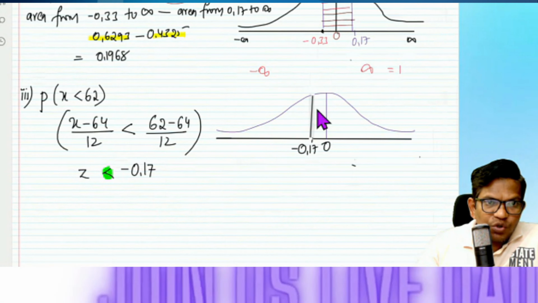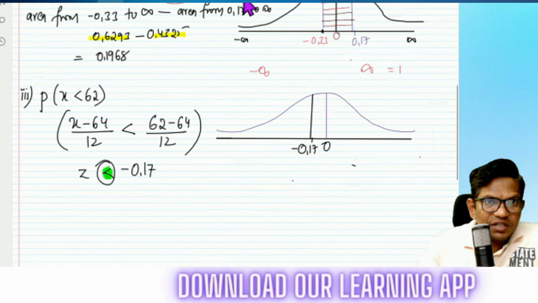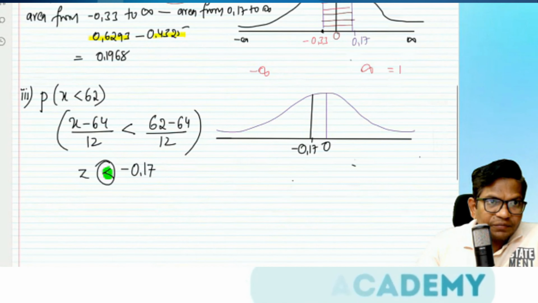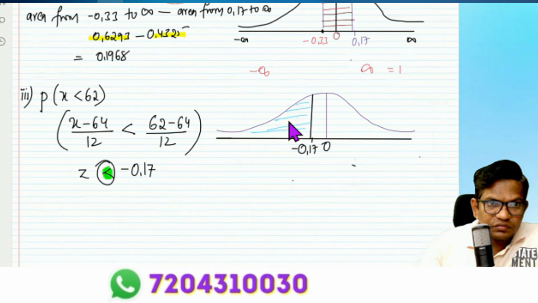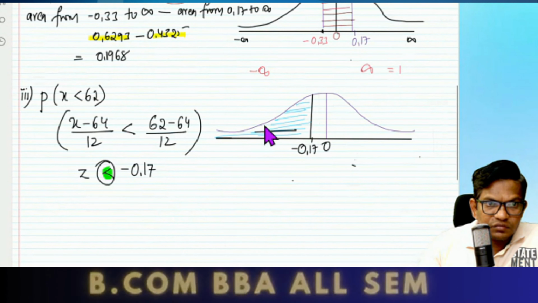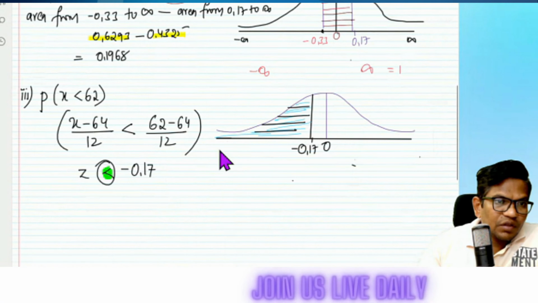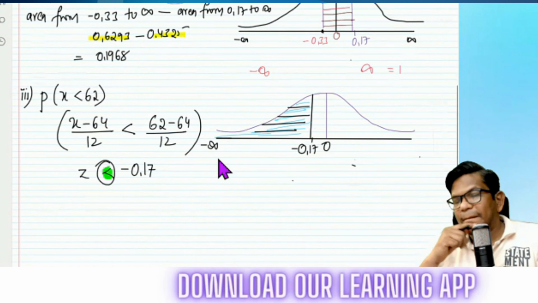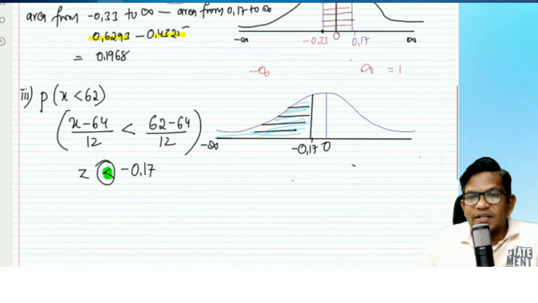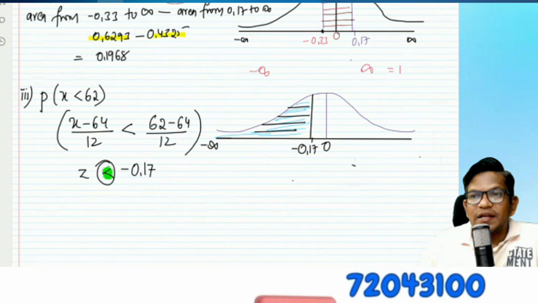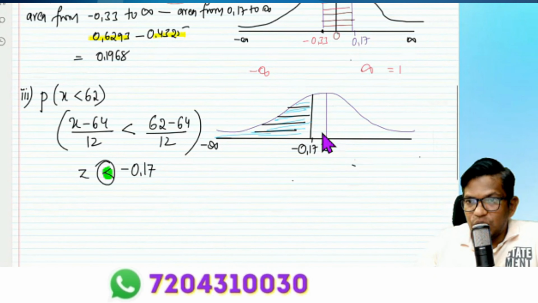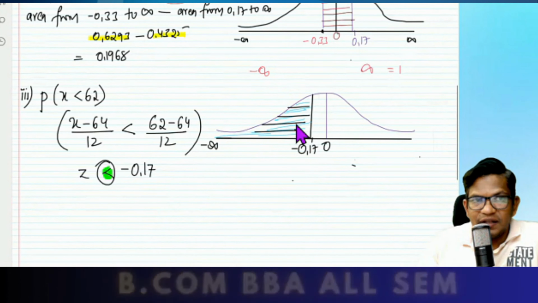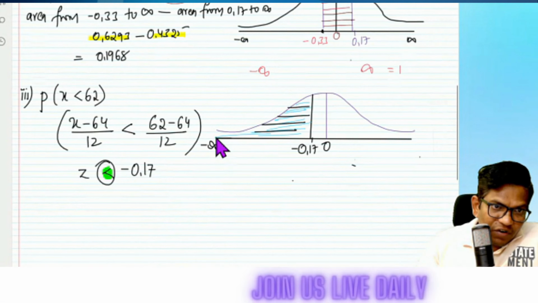Now, which sign does it show? This side, right? Means, bachcho, in that case, what you have to do is, so this is minus infinity. Okay. Now, what is next? Yes, we have to find out the area. Now look at that. If you get a minus infinity like this, we need to find out the area from minus infinity to this side, this much. First, we should find out the area from this point to this point.